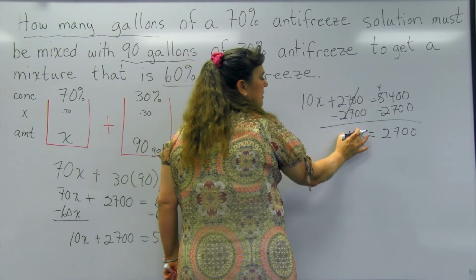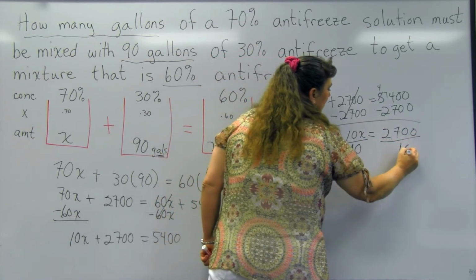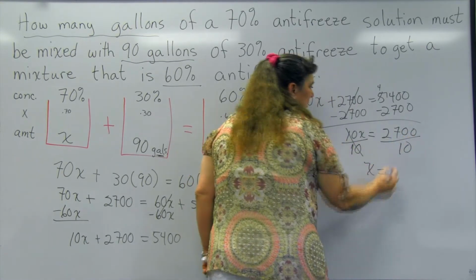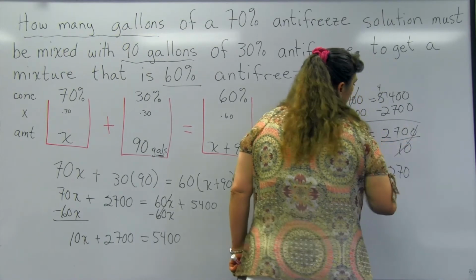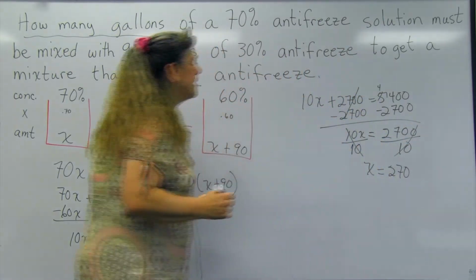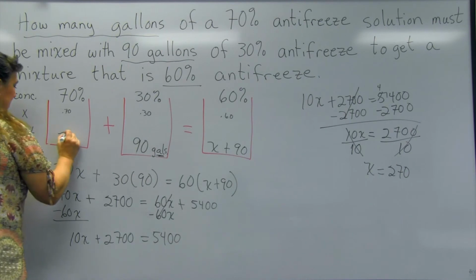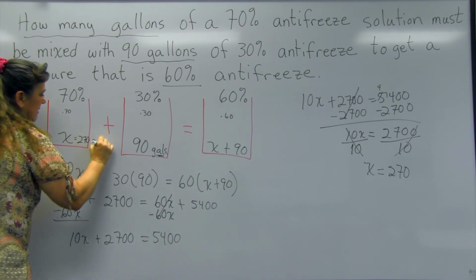Now, remember division because of the multiplication, divide by 10, and this becomes 1, so you have X equals, well, 2,700 divided by 10 is 270. We just get rid of one of those zeros. It takes care of that, makes it easier. So X is 270. So what is it? It asks how many gallons of the 70% solution? Yep, that's right, 270. So this one is 270 gallons.